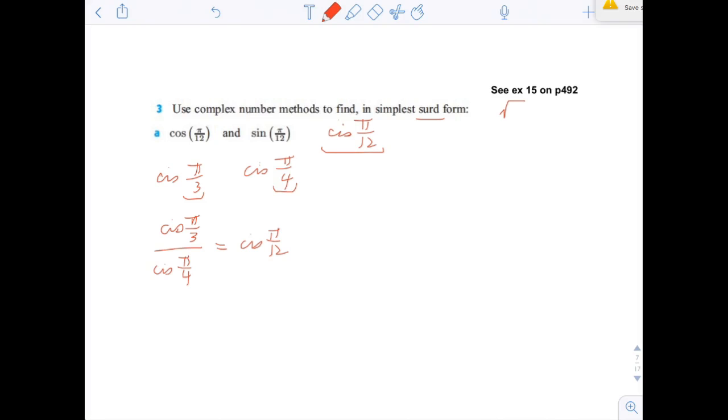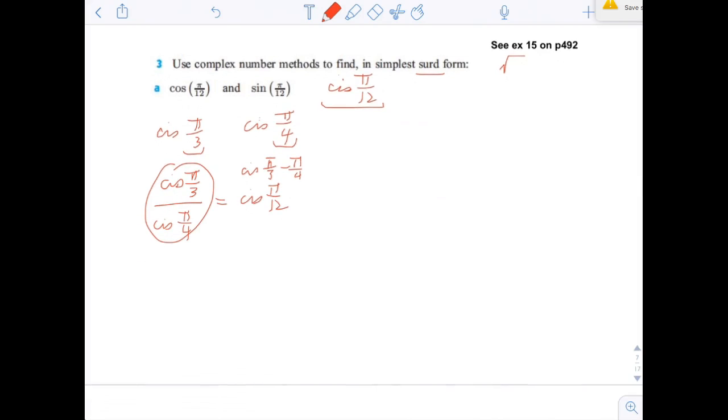Because that is equal to cis of pi over 3 minus pi over 4, which is pi over 12, okay? So what if we found cis pi over 3 and divided by cis pi over 4?